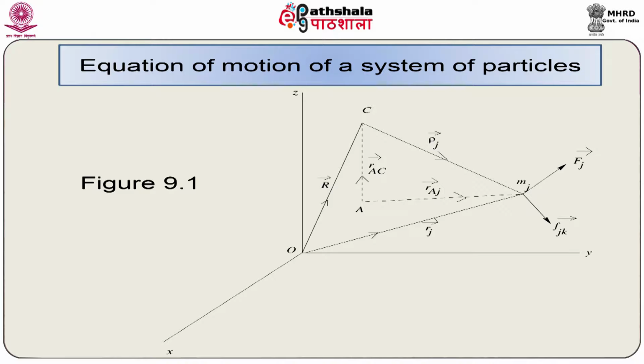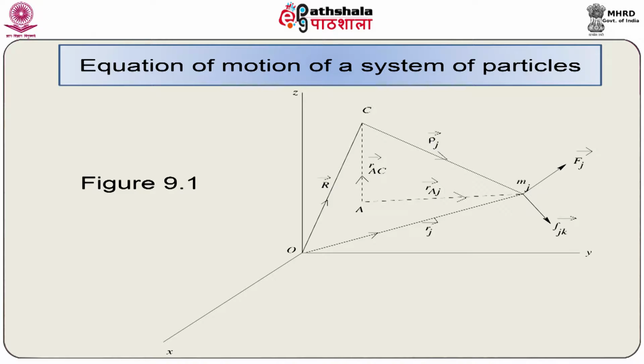Let a system of particles of masses m_j, where j varies from 1, 2 up to n, move in space under the action of external forces given by the vector F_j and internal forces. Let the vector f_jk be the internal force exerted by mass m_k on mass m_j.